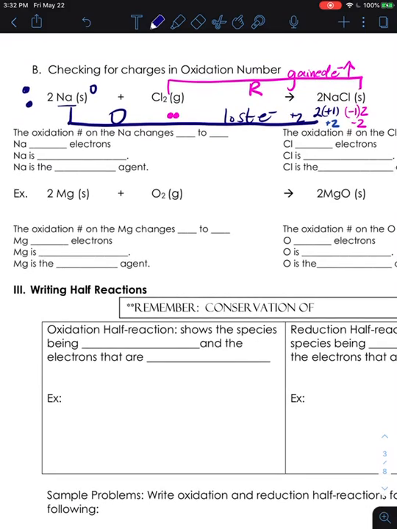So looking at the oxidation number, the oxidation number went from 0 to a positive number, 2 in total. Sodium had 1 electron. Na is what we call the metal.